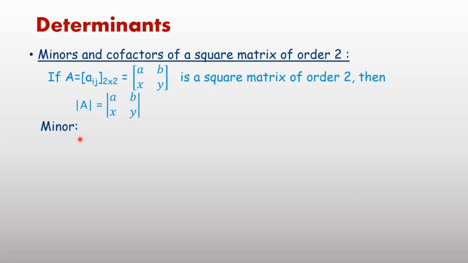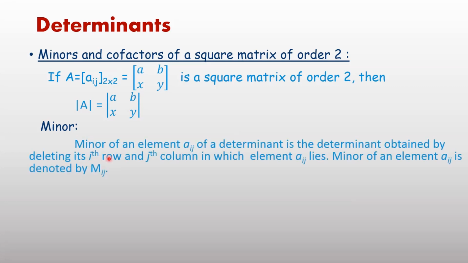First, you should know the meaning of minor. Minor of an element of a determinant is the determinant obtained by deleting the ith row and jth column in which element aij lies, and it is denoted by Mij.